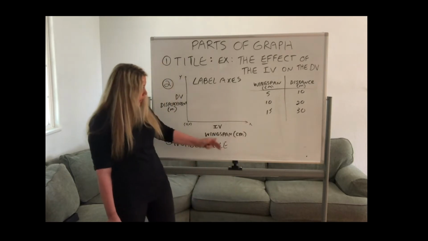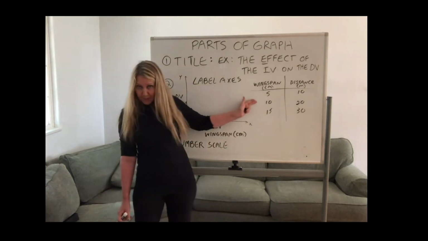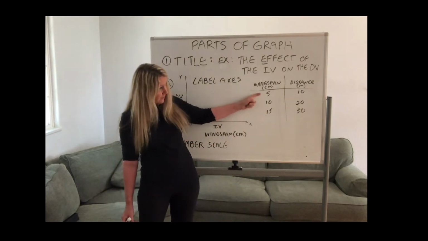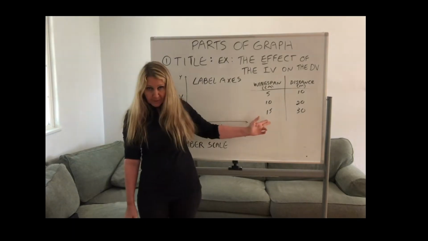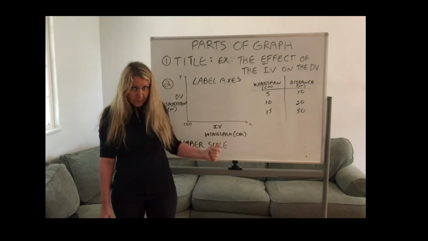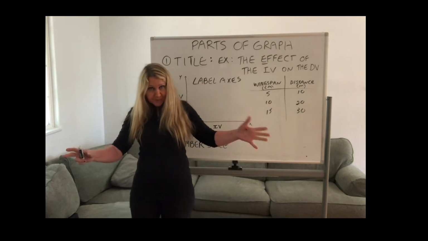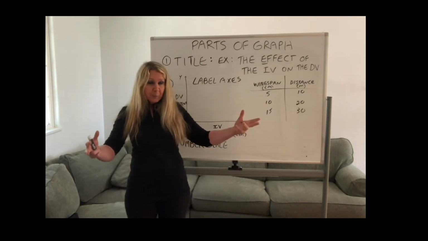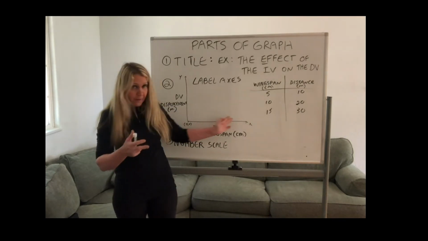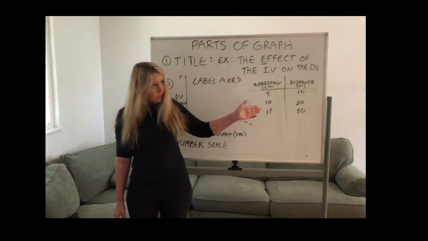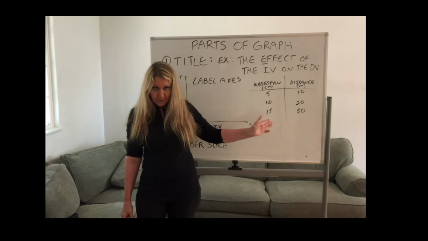So, on the x-axis, I have wingspan. So my range is 5 to 15. I'm starting at 0. So my maximum is 15. So I want to set up a number scale on the x-axis where I can include all those numbers.